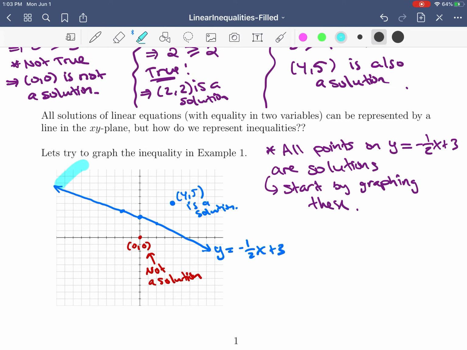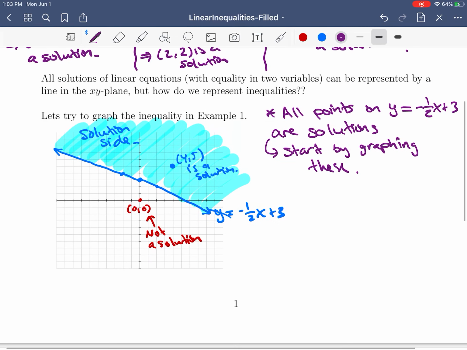So in fact, our solution set for this inequality is everything above this line. Okay, so this is what we call the solution side. So when we're graphing this inequality, we would graph the line and shade everything above the line here, because that's where the solutions are.